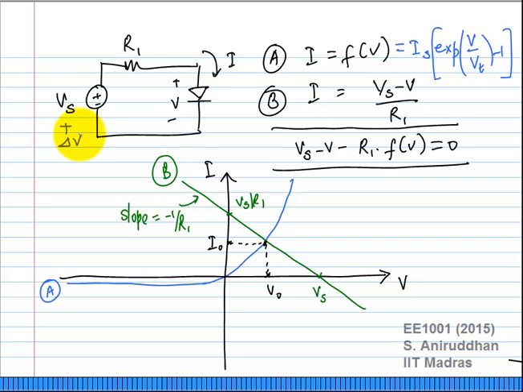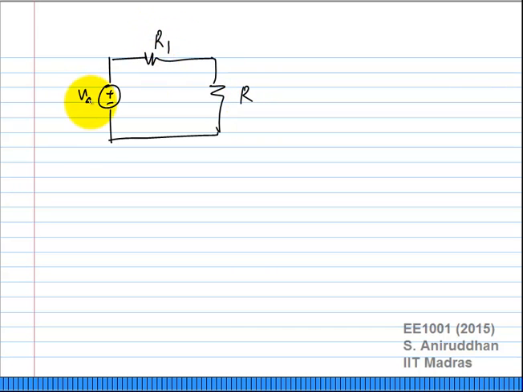Let us first take the analogous case for a linear network. Suppose I had a resistor here, I had Vs and I found out V0, I0, right?